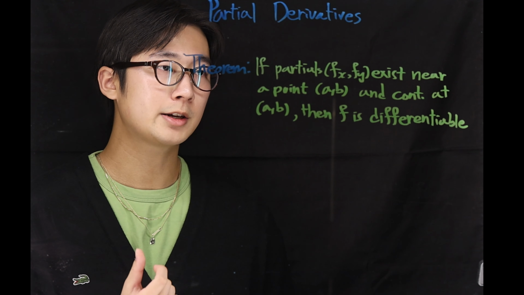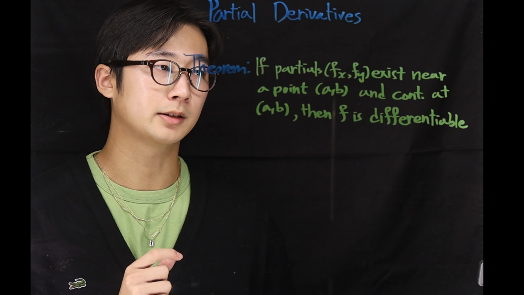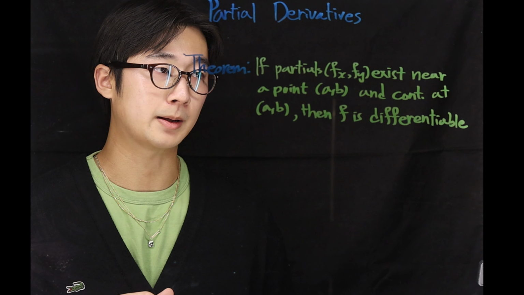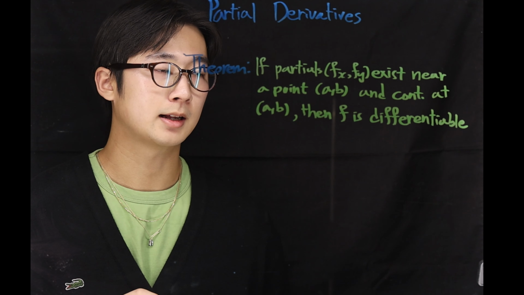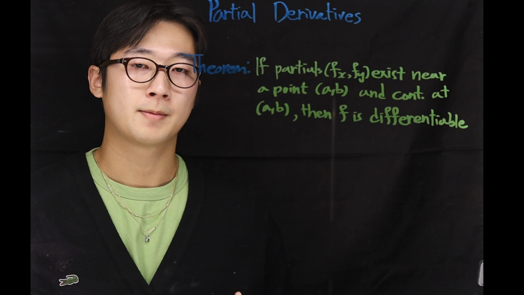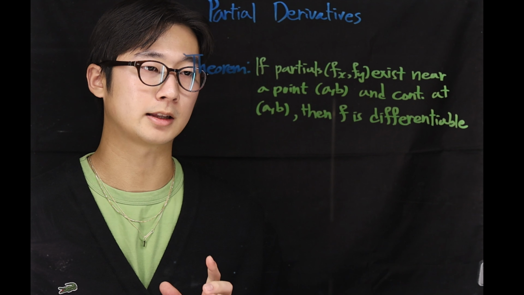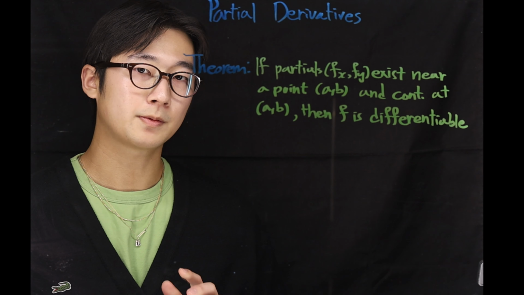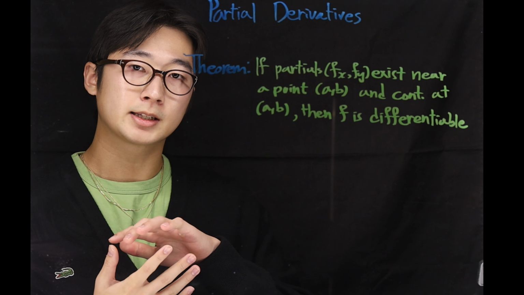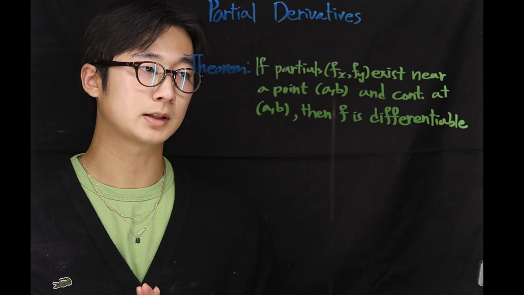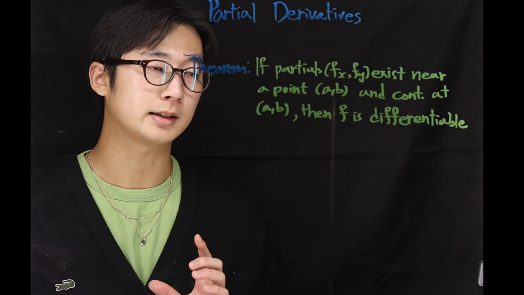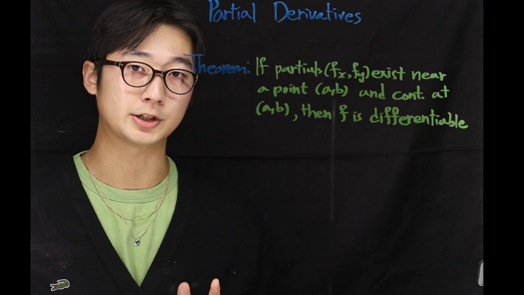So continuous partial x and continuous partial y, both of them, means that there are no sudden jumps in steepness at the point (a, b). So the surface at the point (a, b) is smooth enough to give us the differentiability condition.